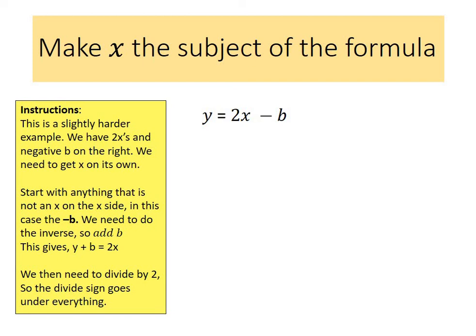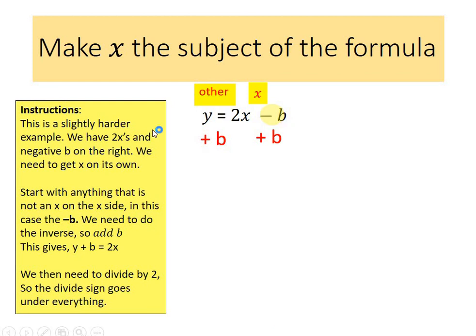For this example, you need to do several steps. First of all, look which side x is on. In this example, it's on the right, so I'm going to label it x, and the other side is for everything else. The first thing you need to do is get rid of any letters that are also with the x. So in this case, we're going to get rid of the minus b by adding b.